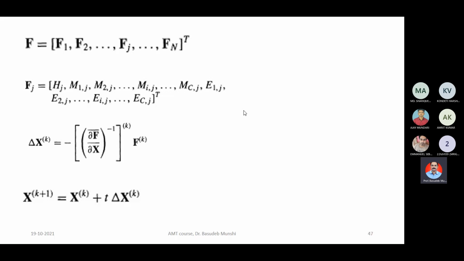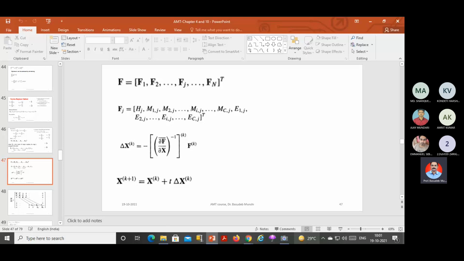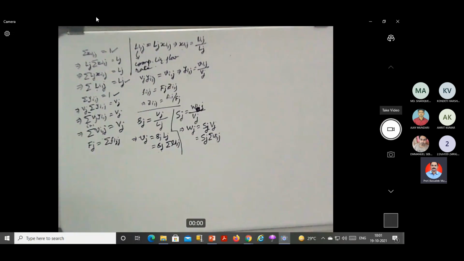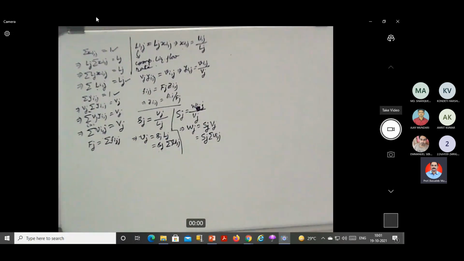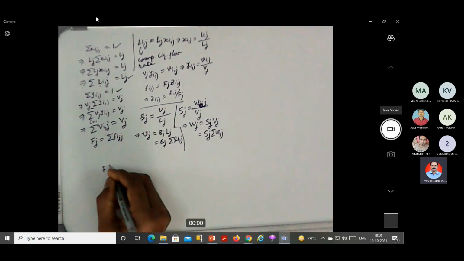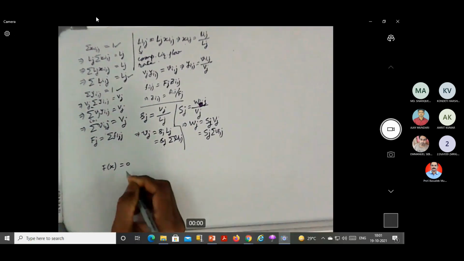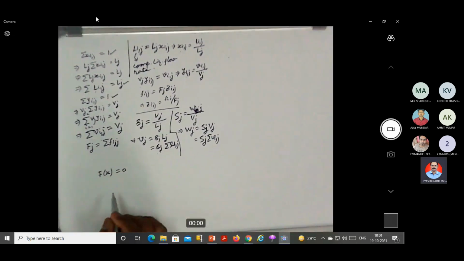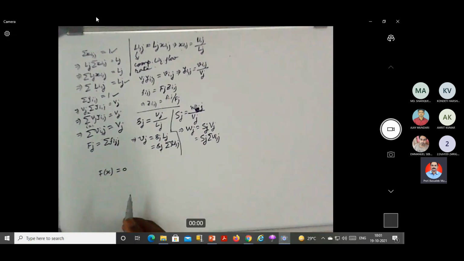A function is nothing but an equation. Now, how do we solve all those equations? To solve them, the Newton-Raphson method is applied. Already you know the Newton-Raphson method. Suppose you have a function f(x) equal to 0 and you want to solve it using the Newton-Raphson method.